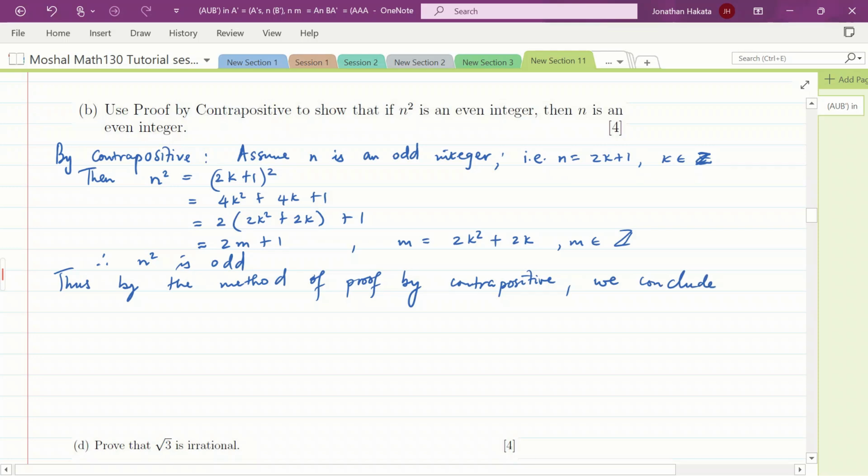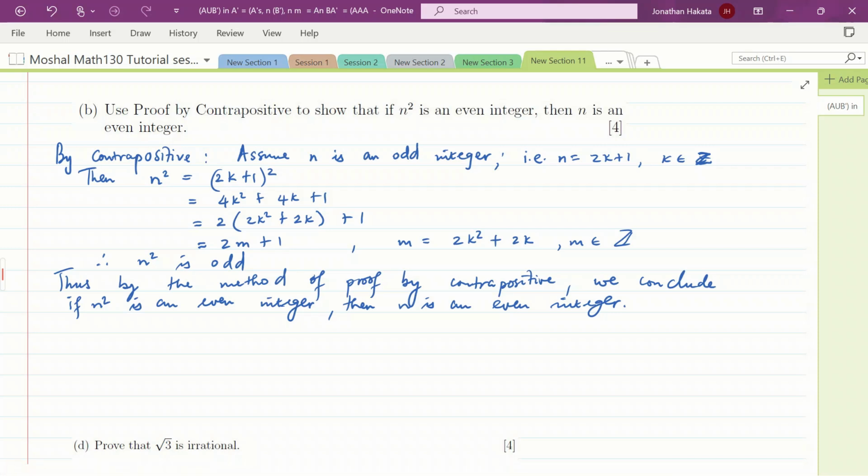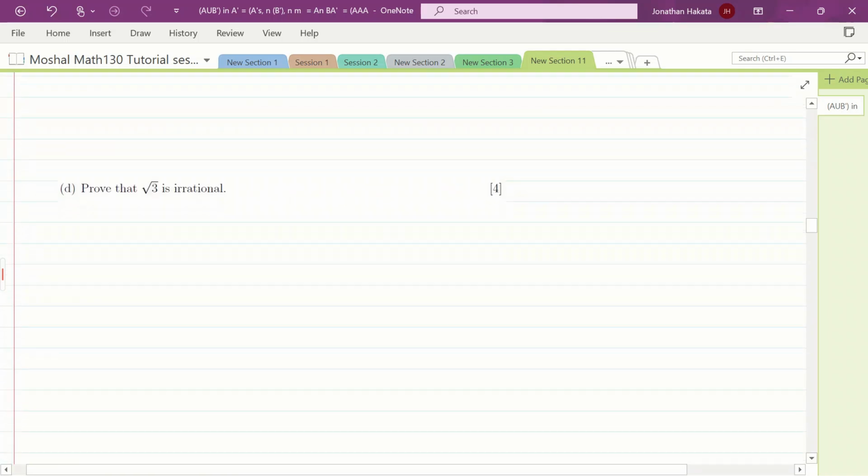We conclude that if n squared is an even integer, then n is an even integer. Okay, full stop. I think that's clear enough. I'll give you a PDF of these things so that you can use them for your revision. You have to go through these questions alone and try to reproduce the solutions that we are discussing now.